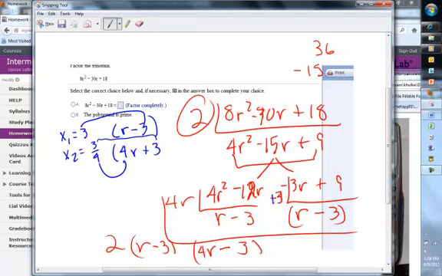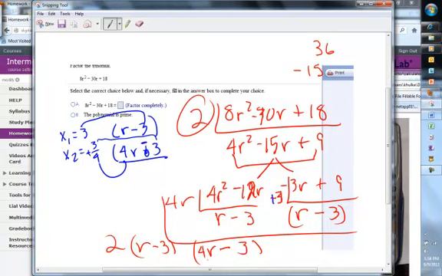I got to go back and make sure that I entered this right. 8 minus 30 plus 18. R minus 3, this should be positive 3/4, which makes this minus 3.